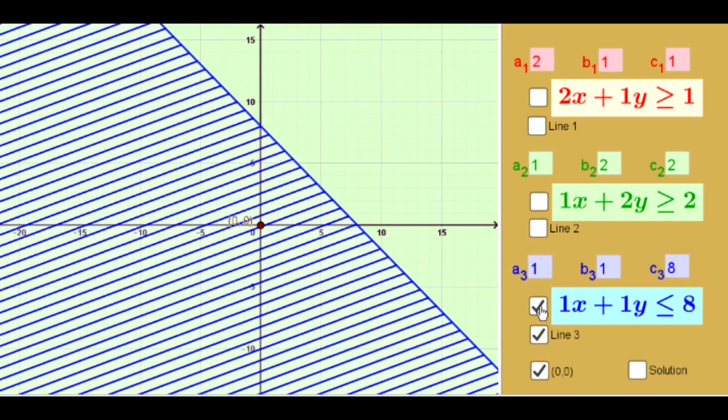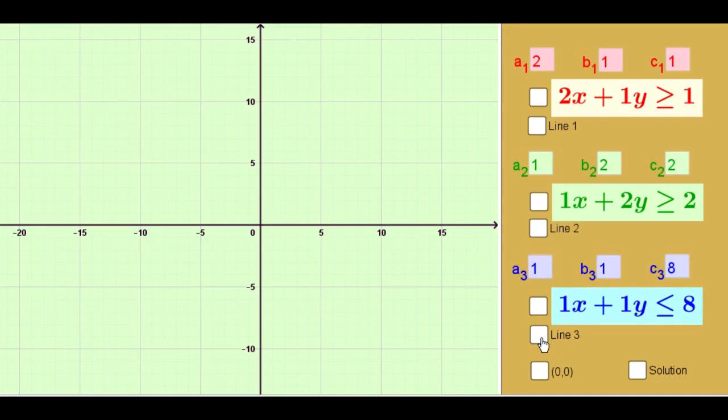Now let us see how to get the solution for two or more inequalities. If two inequalities are given, the solution is the common shaded portion of the two inequalities. Remember, if there are two inequalities, the common shaded portion is the required solution.